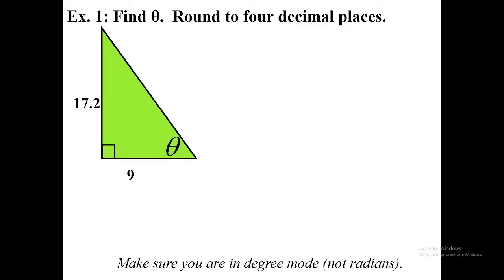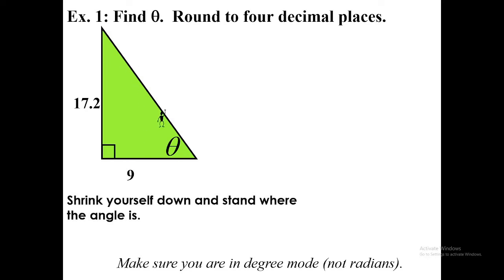What is the measure of angle theta there? Given that we have 17.2 and 9. So with reference to angle theta, take note. Again, place yourself in the angle. What is 17.2 with respect to the theta? Opposite.